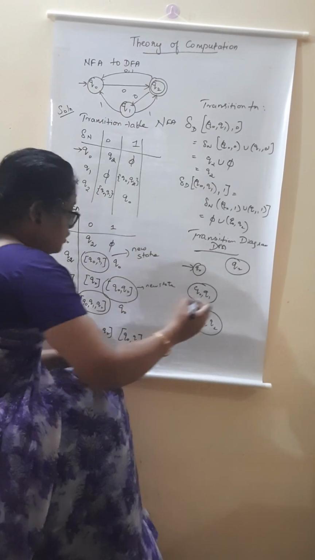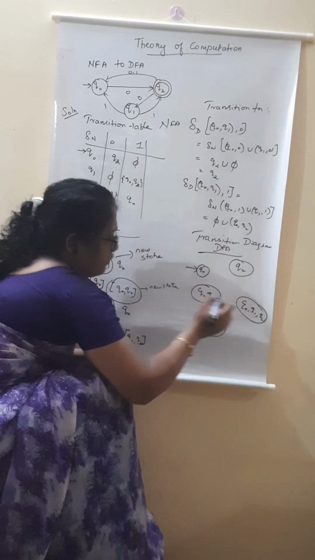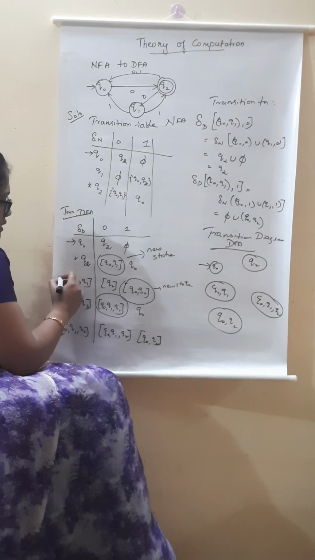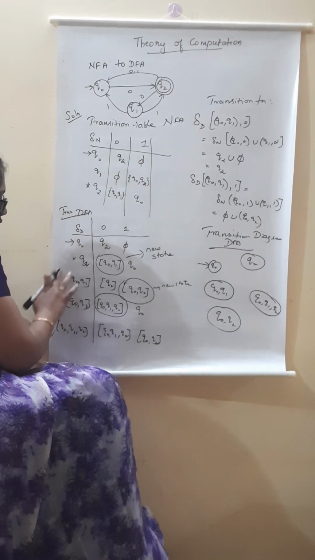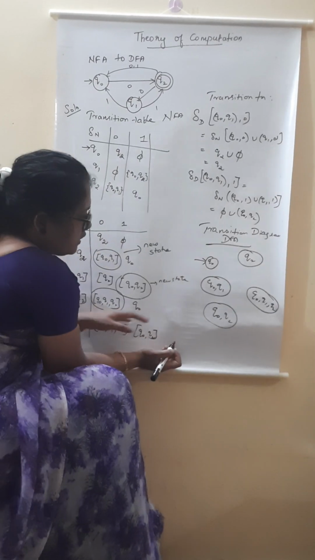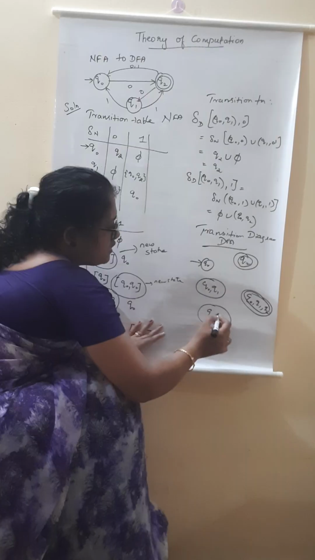Then you will be having Q0 comma Q1 comma Q2. So which will be your final state here? Whichever is present with Q2 will be your final state. So Q2 will be a final state, Q0 comma Q2 will be a final state, and this also will be a final state. So I have to give double circle notation for all these three.